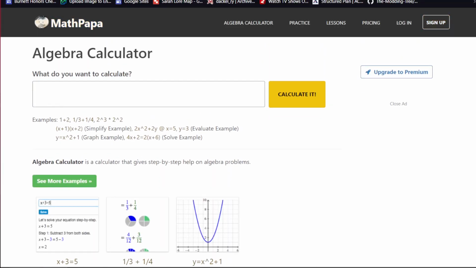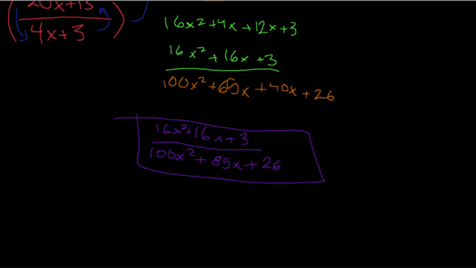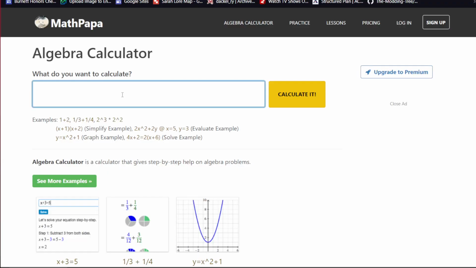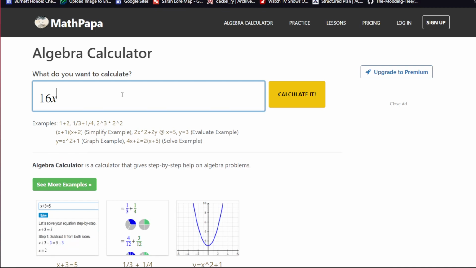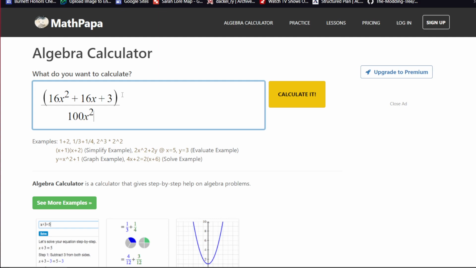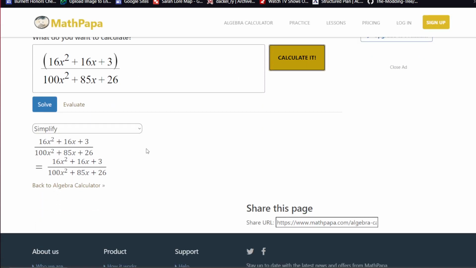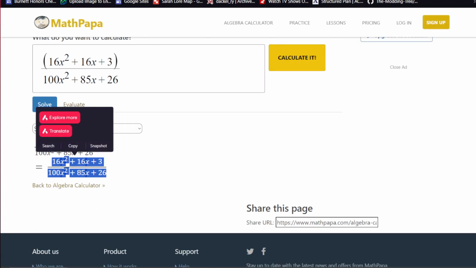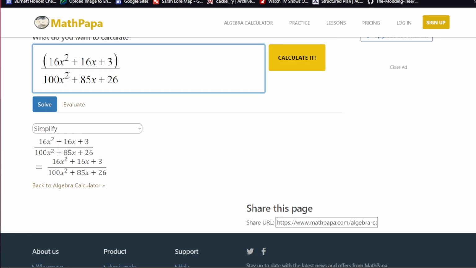Now, if we plug in our equation of 16x squared plus 16x plus 3, all over 100x squared plus 85x plus 26. Calculate. See, look at that. Simplified already. So this is as simple as it can get.